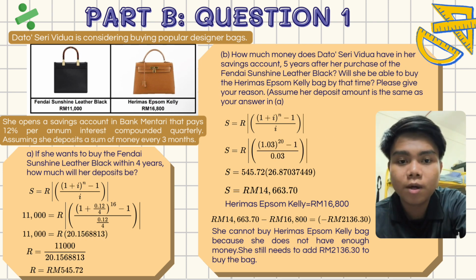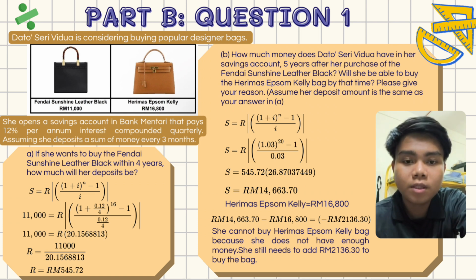So we calculate 1 plus I to the power N, open bracket 1 plus 0.12 divided by 4, close bracket, to the power of 16 equals 1.604706439. Substitute into the bracket: 1.604706439 minus 1 equals 0.604706439.